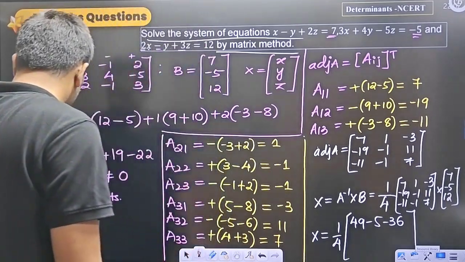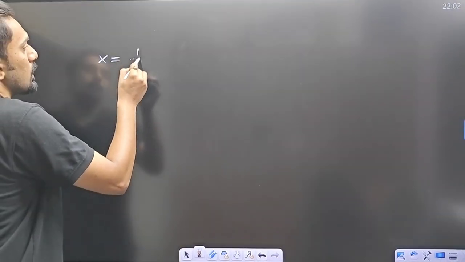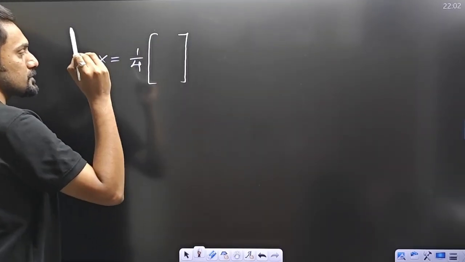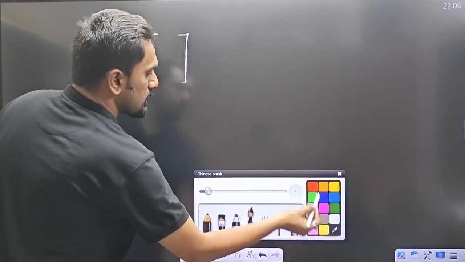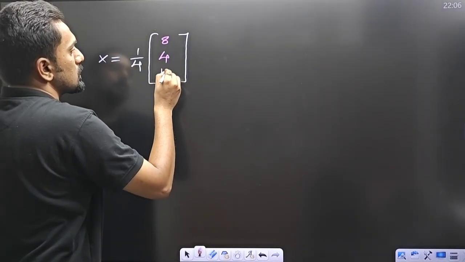Then at the end, x is equal to 1 by 4 multiplied with the matrix. After simplifying you will get 8, 4, 12.